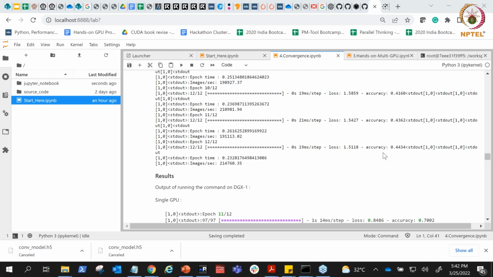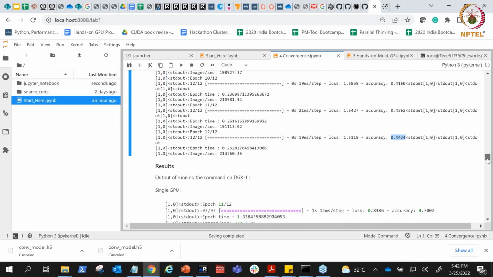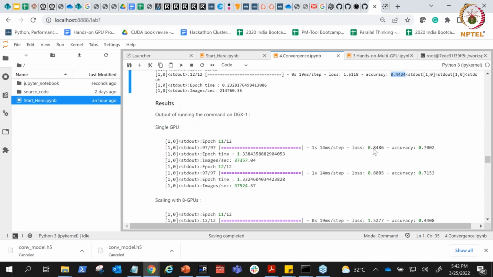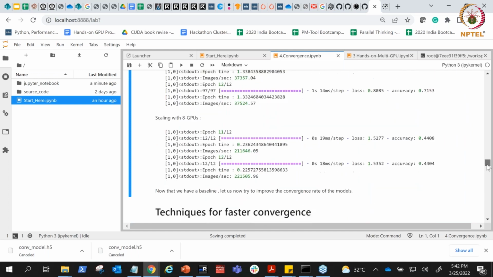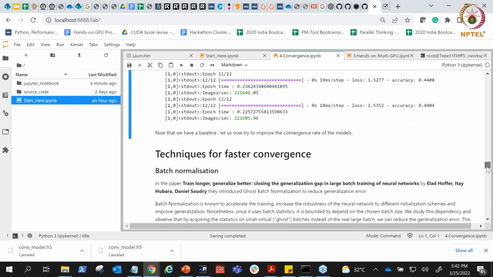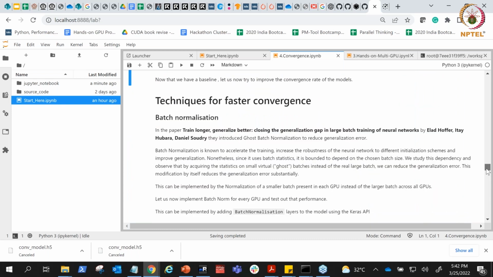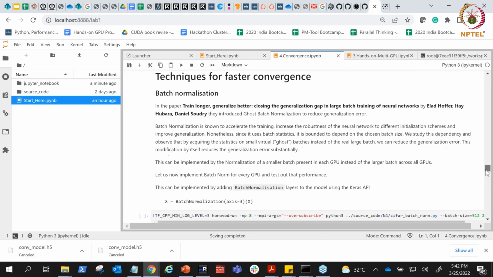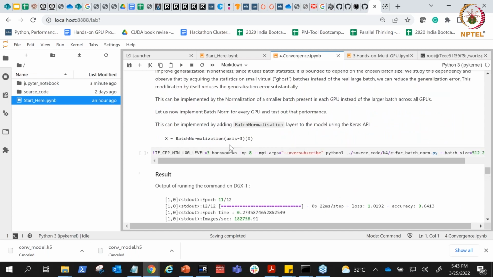So there is obviously a loss which we described some time back, and that is also highlighted: you get around 70 or 80% when you run on a single GPU versus multi GPU. The first technique that we mentioned for faster convergence was the use of batch normalization.